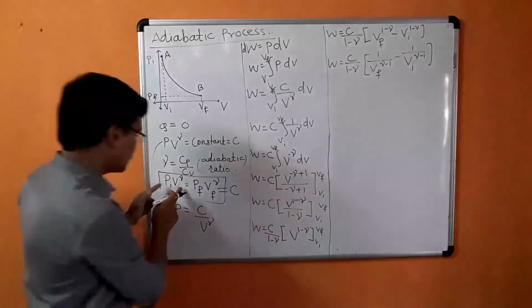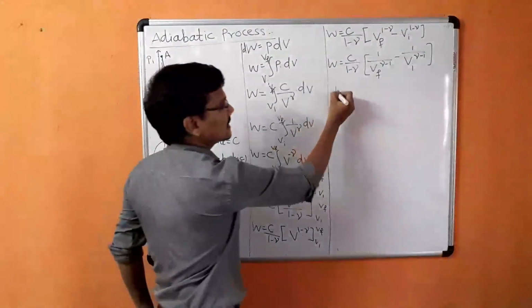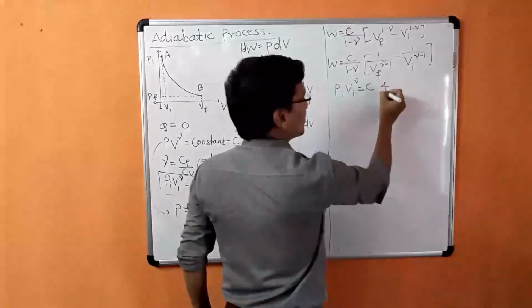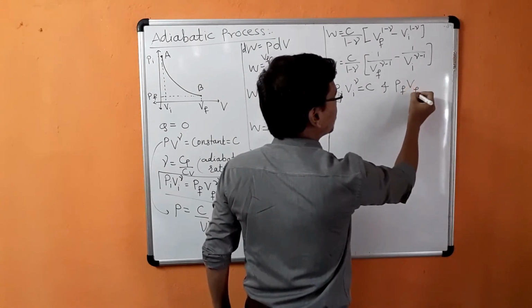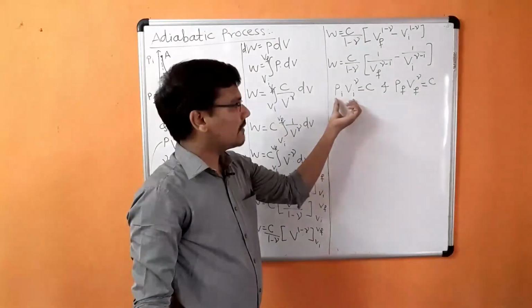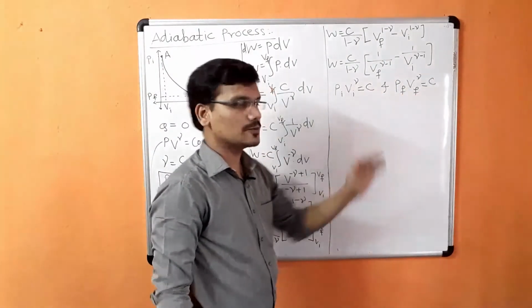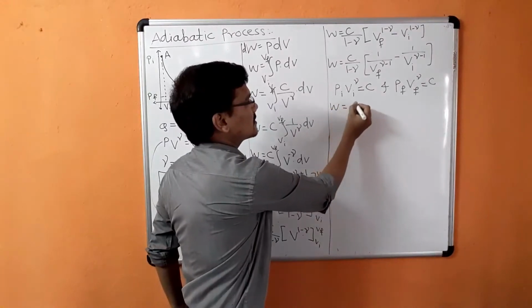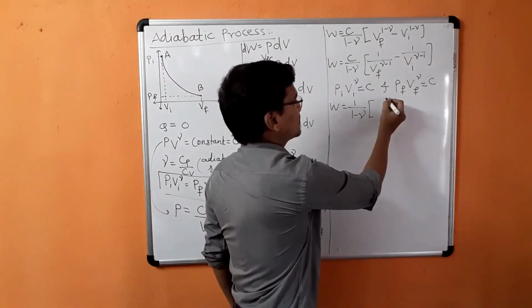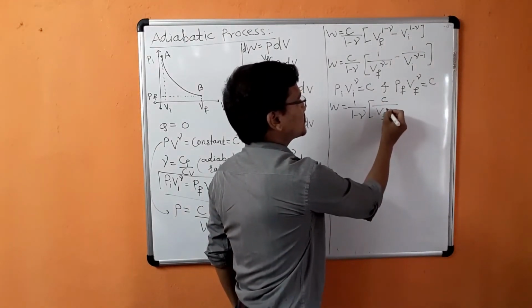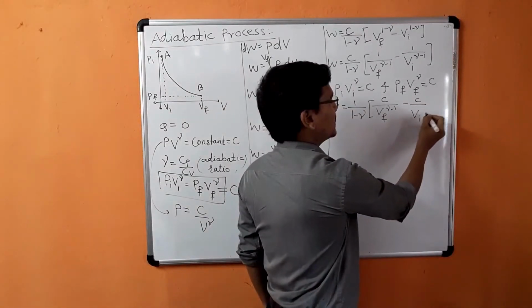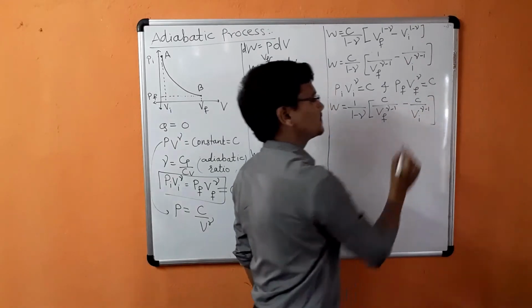Therefore W equals 1 upon 1 minus gamma in bracket C upon Vf raised to gamma minus 1 minus C upon Vi raised to gamma minus 1.